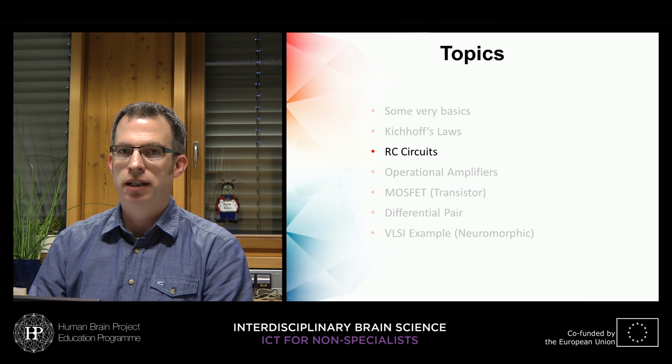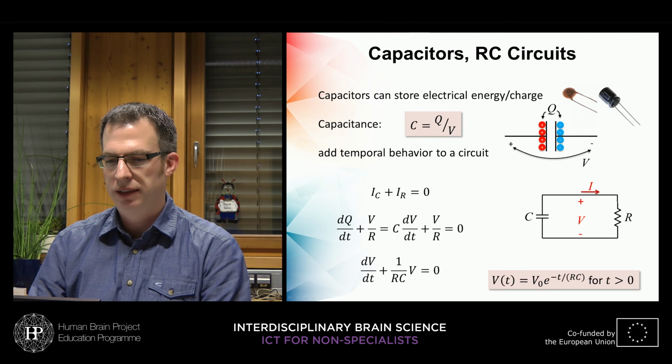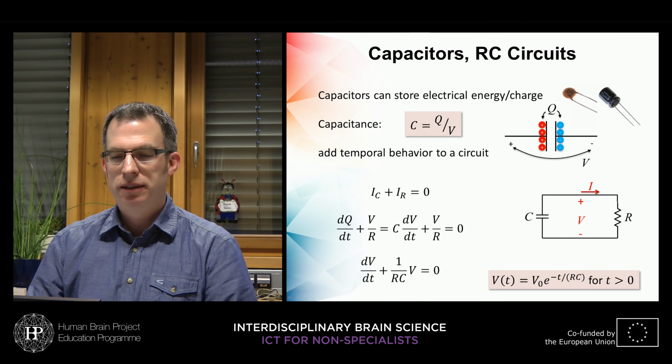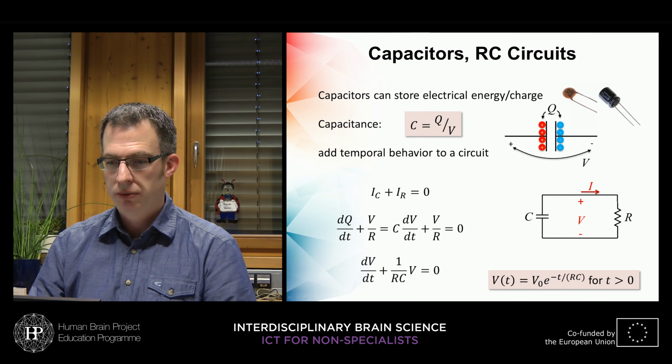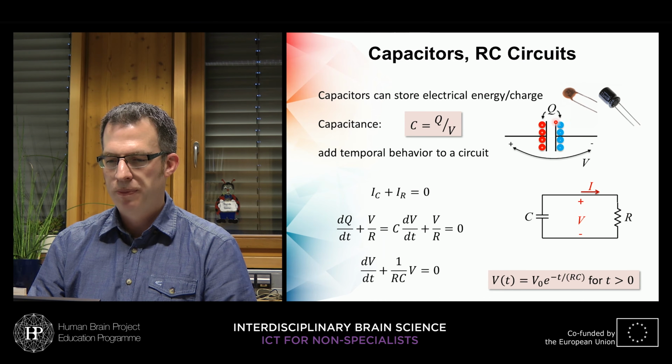This means that we can now add to the resistor R a capacitor which is denoted by C. A capacitor in general can store electrical charge or energy, and it does this, shown around here, in the easiest case by having metal plates facing each other, and they will accumulate charge of opposite sign on both the plates, and the charge is called Q.